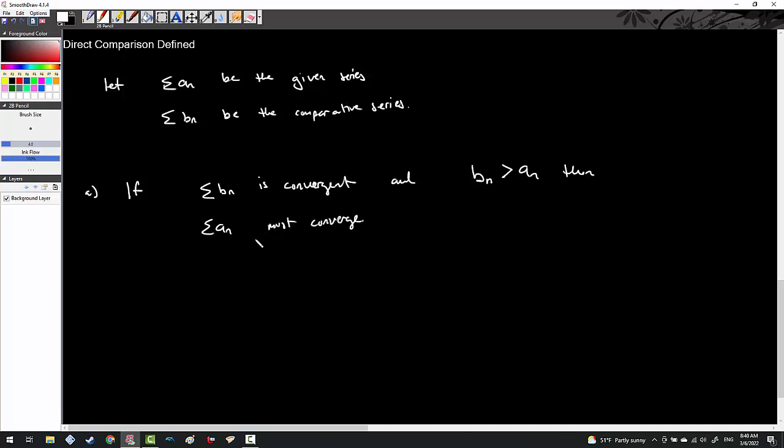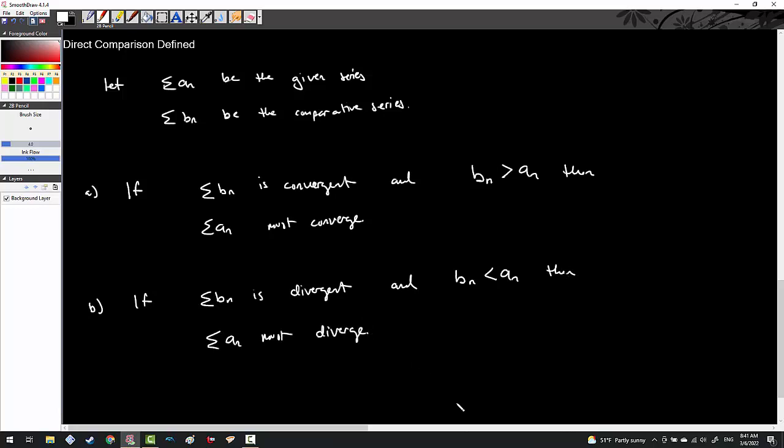Again, we're talking about same behavior, right? And so the other one is going to be if our comparative series is divergent. And in this case, the comparative series must be smaller than the given series. Then the given series must diverge.